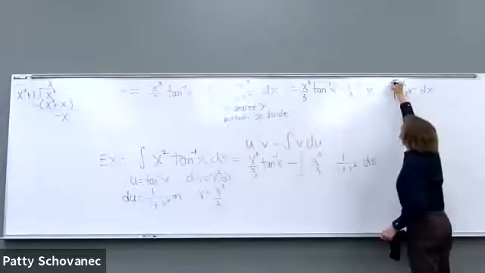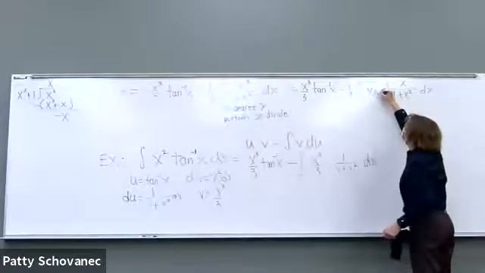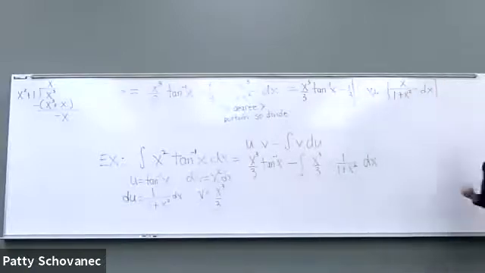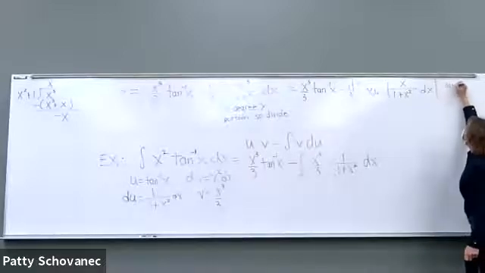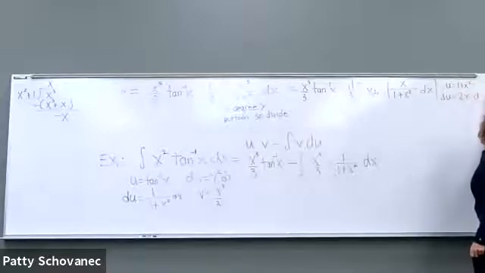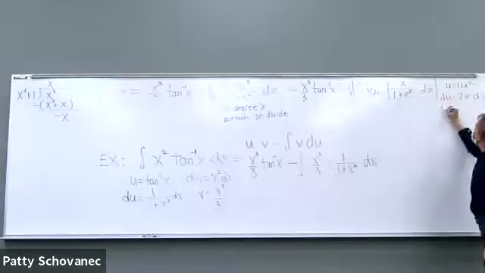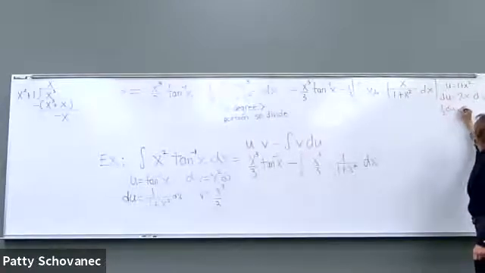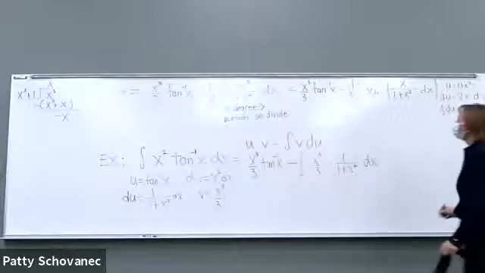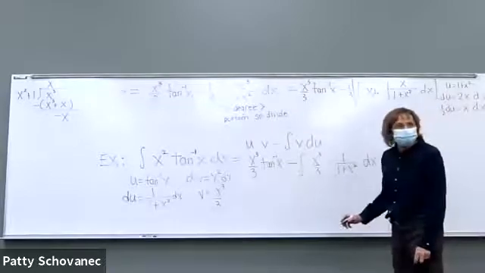So I'm going to put a new integral sign here. Keep in mind that that 1/3 is on both of them. So I'm going to take u to be the 1 plus x squared. du then is 2x dx. I'm keeping the x dx, replacing it with 1/2 du. So let me clean it up.